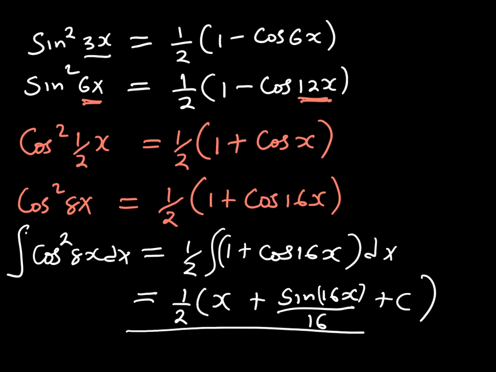We are done. So what is the key point? The key point lies in expressing the even powers of sine and cosine in terms of the double angle. Not any power, but these even powers, and the even power we're talking about here is a 2. Other powers, let's see what happens.